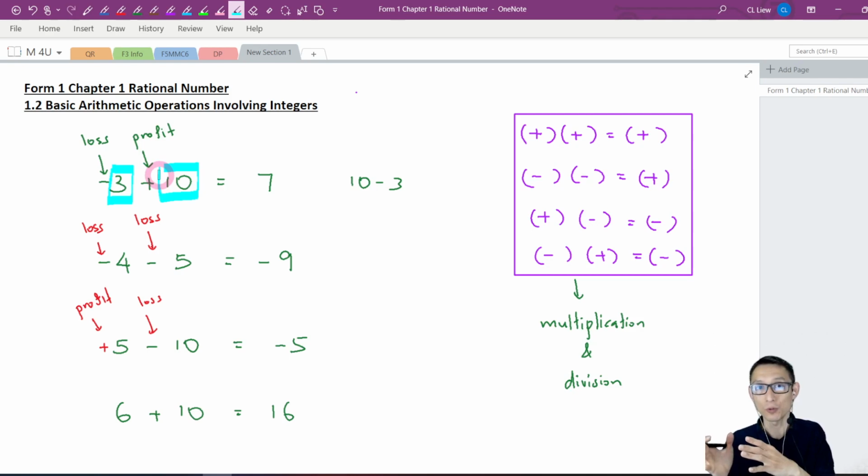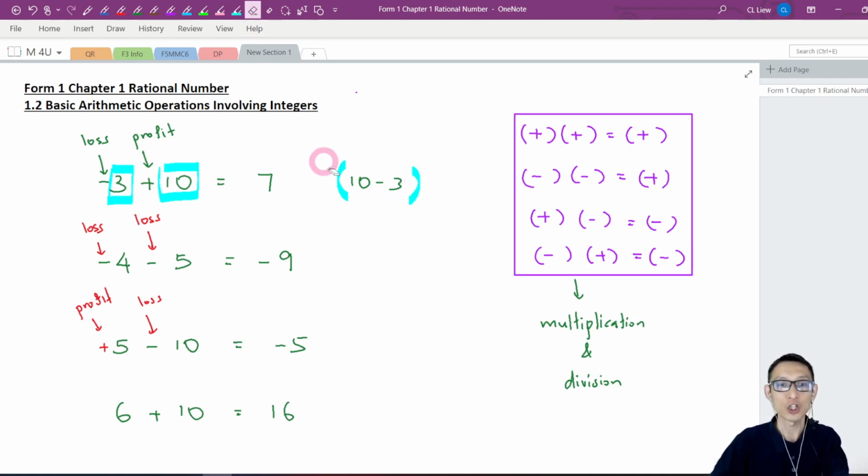You take the larger number minus the smaller number. The larger number is 10, so 10 minus 3. And then the sign always follows the larger number. We actually don't have to write a positive sign, but just for explanation, I will show you a positive sign here. So our final answer will be positive 7, but we do not write a positive sign in front of a number. This is how we got the answer just now.